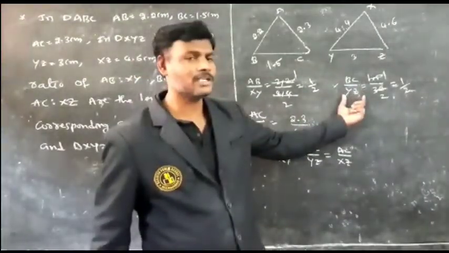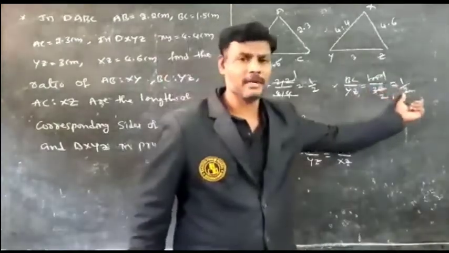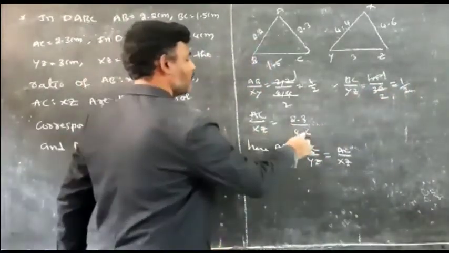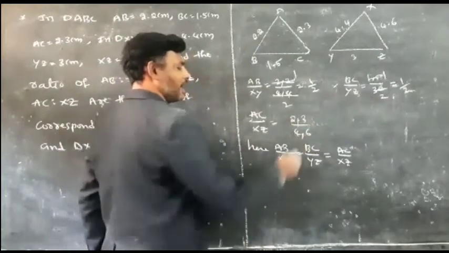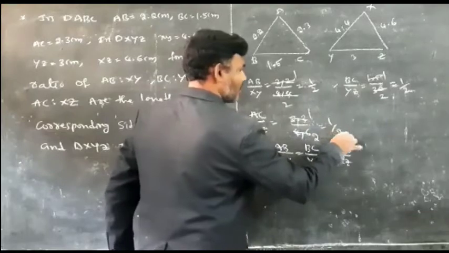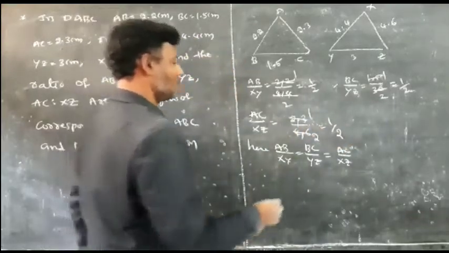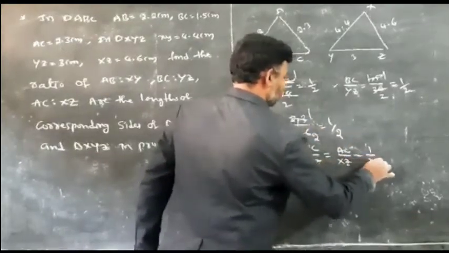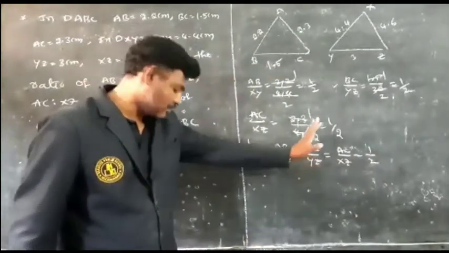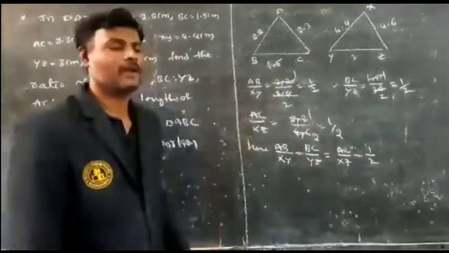Similarly, the ratio of BC by YZ is also 1 by 2. Then AC by XZ is 2.3 by 4.6. Decimal cancel. 23 ones are 23, 23 twos are 46, which is equal to 1 by 2. So the ratios AB by XY, BC by YZ and AC by XZ are all equal to 1 by 2.